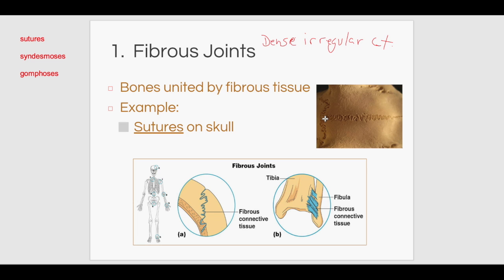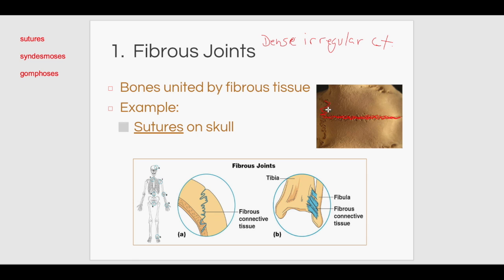The sutures are held together with very small, short collagen fibers from the dense irregular connective tissue, and they're interwoven within the bone. That short and interwoven nature allows them to form a very tight joining of the bones to make them pretty much immovable. So they are considered synarthrotic joints, the sutures.